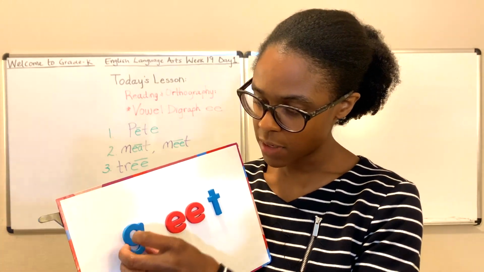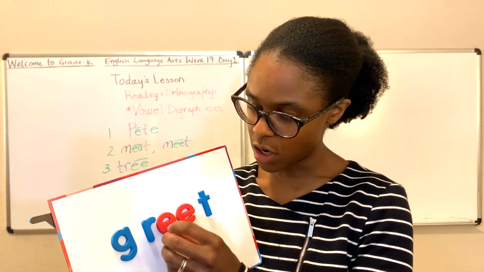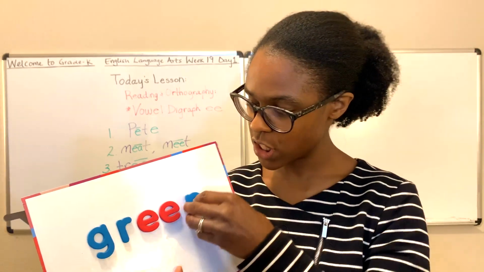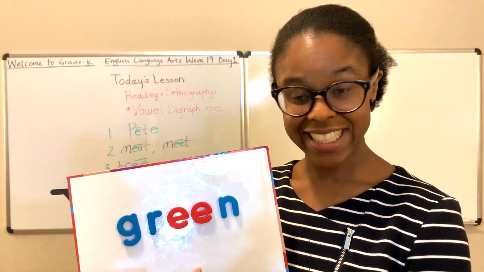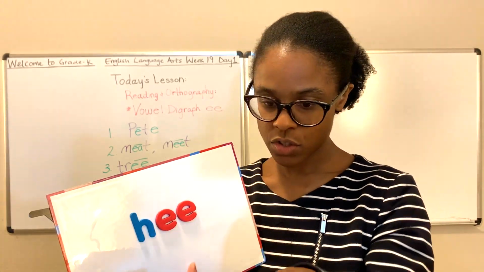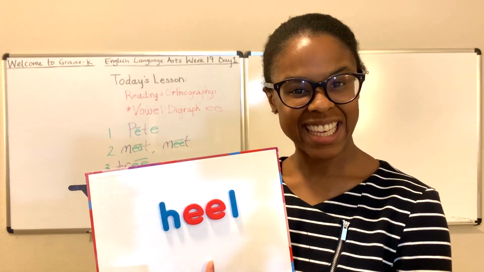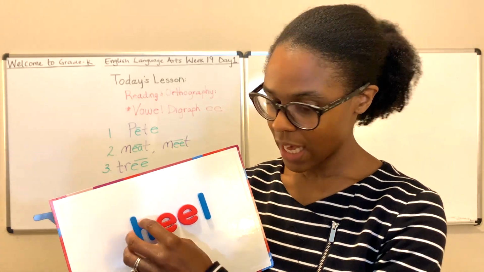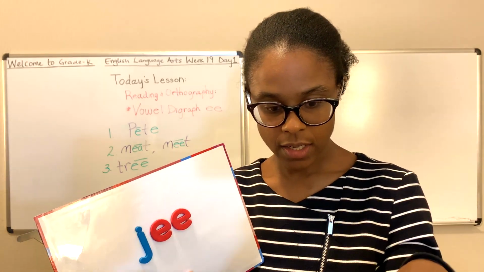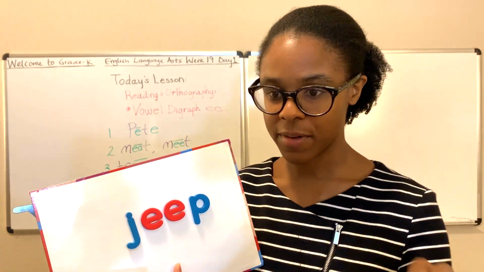Well, what if this becomes G-R, greet, but I'm actually shooting for this word, green. You could also try this word, heel, and you could even go for Jeep. That word is Jeep.